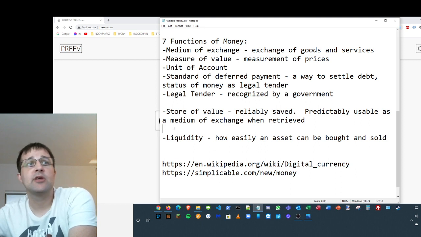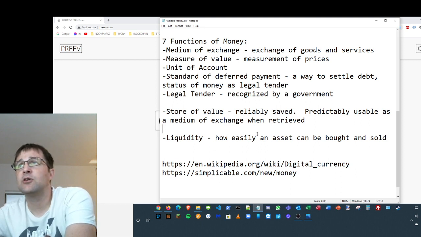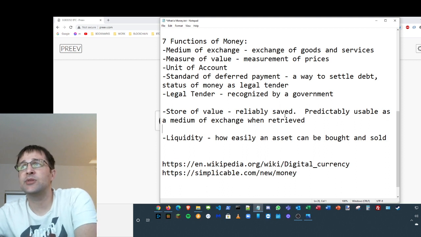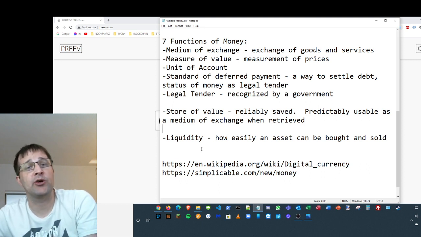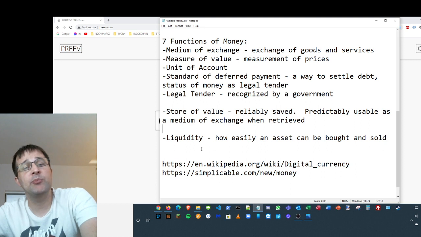Moving on, store of value: reliably saved, and predictably usable as a medium of exchange when retrieved. This is really important because for some people, the store of value is the main purpose of Bitcoin right now.